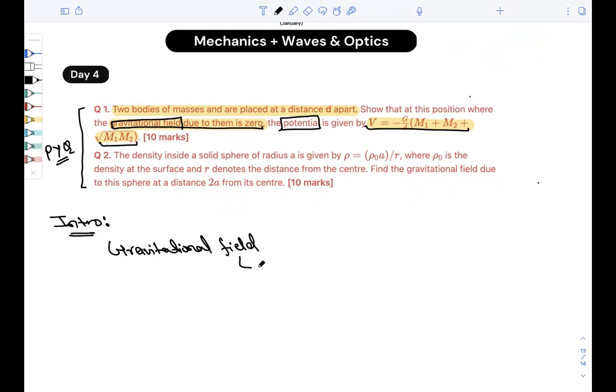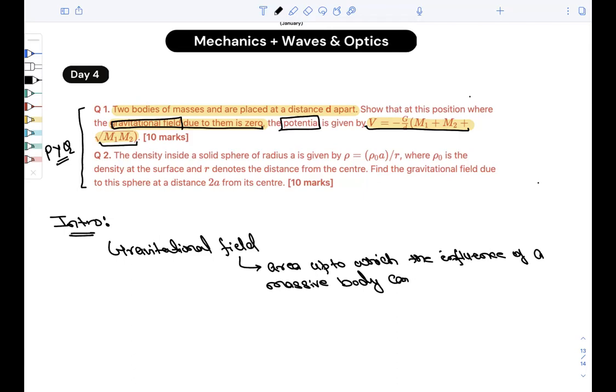So gravitational field is basically an area up to which the influence of a massive body that has mass can be extended into the space around itself.